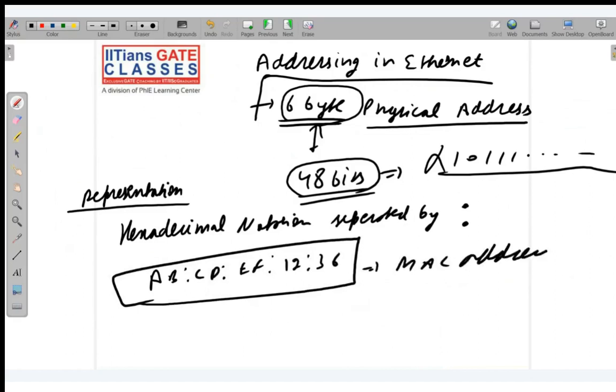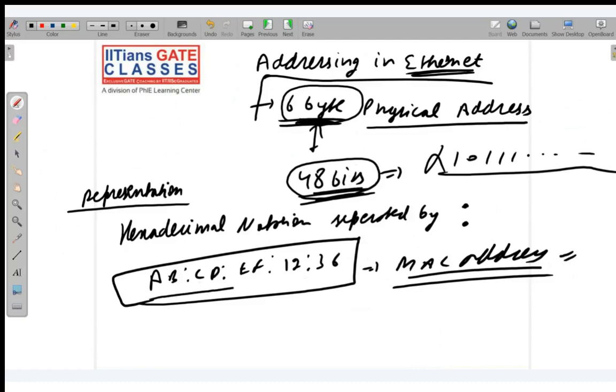They can ask like this also: MAC address is of how many bits? 48 bits or 6 bytes. By default we have only one protocol in your GATE syllabus, that is Ethernet. There are many other protocols, but we are not going into that because it is not in your GATE syllabus. So if they say MAC address size, you say 48 bits or 6 bytes, one and the same thing.